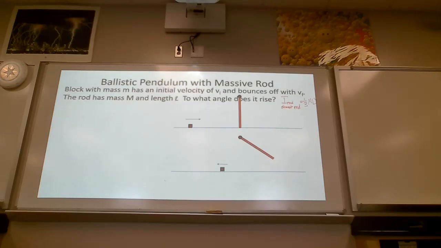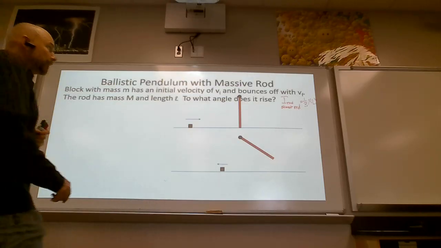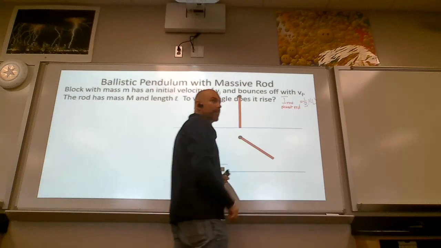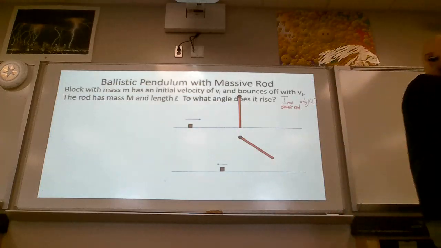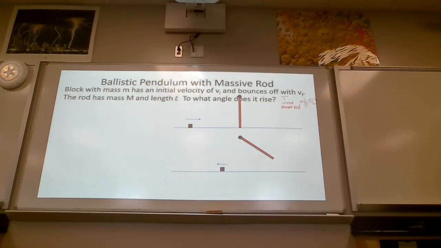Because the rod isn't allowed to move, it's fixed. There's a pivot exerting an external force. The hinge prevents the center of mass from doing whatever it wants to do, as an external force. So momentum is not conserved.